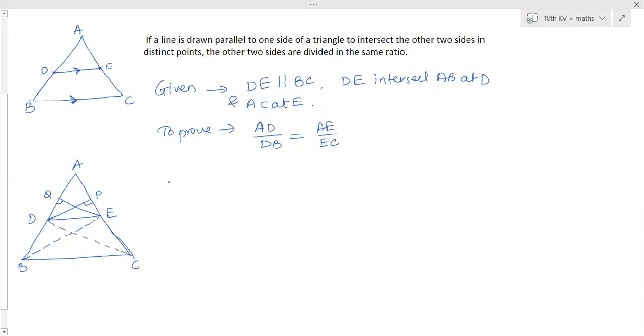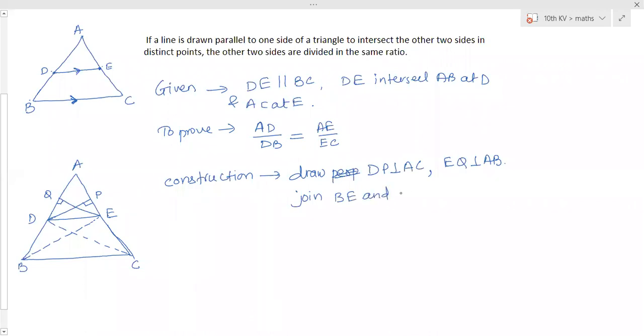So the constructions we have done: draw DP perpendicular to AC and EQ perpendicular to AB. Further, join BE and CD. So these are the things we have to do as construction.